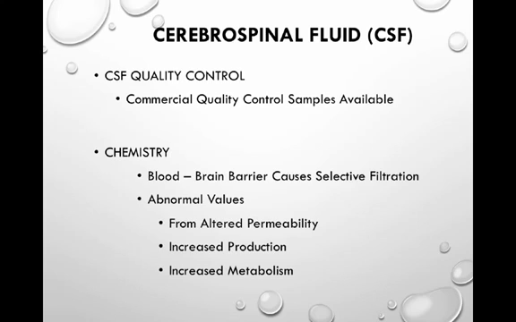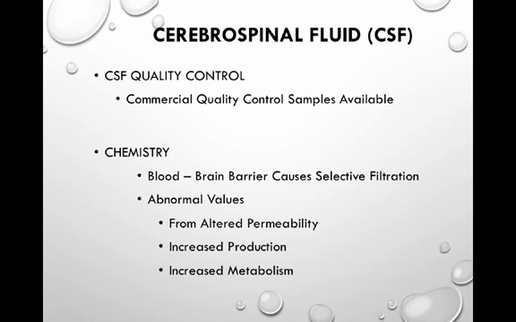As covered previously, the blood-brain barrier causes a selective filtration of plasma, giving us the CSF, which will have unique sets of values for many chemical analytes. Therefore, the CSF normal values for chemical analytes are different from the normal values of plasma.